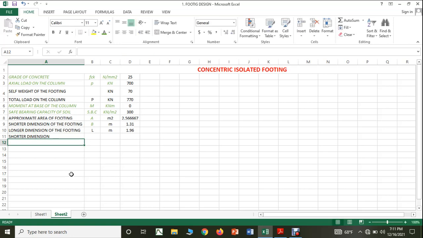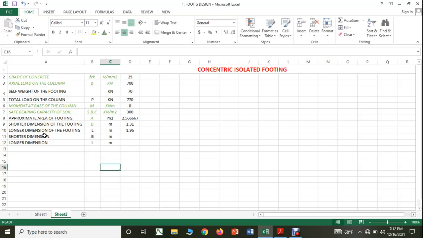Okay, then I can type longer dimension, right? Shorter dimension, longer dimension, right? So therefore what I can do, I can write it, this is also in meters only, right? So this is capital B, this is capital L.